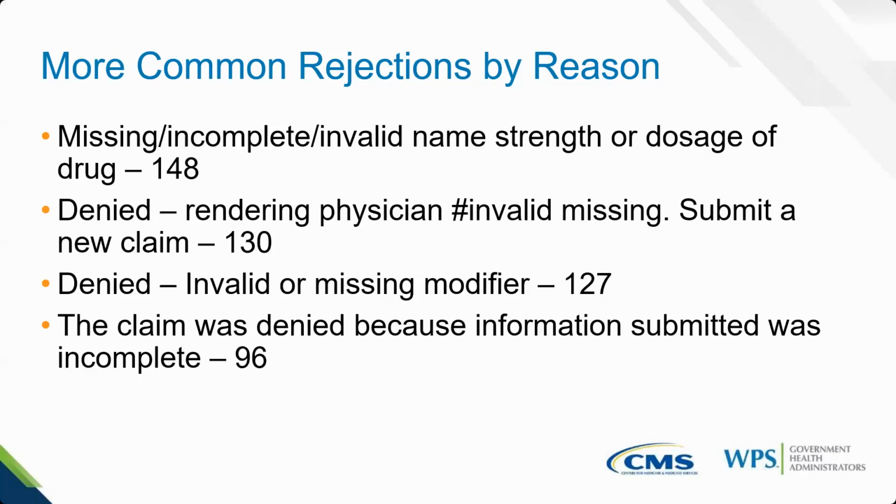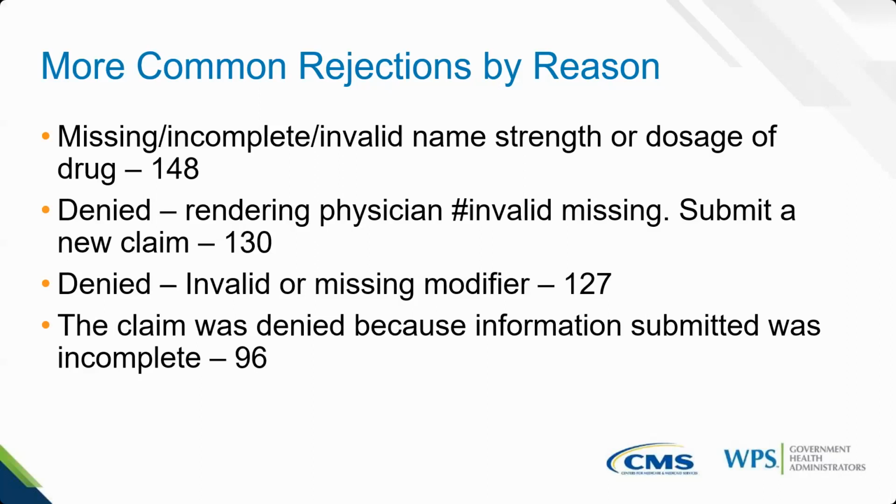Invalid or missing modifier is the next common denial, or excuse me, I need to correct myself, rejection, 127. We have modifier fact sheets on our website that provide for you the reasons for using a particular modifier, or what I should say is appropriate use, and it also identifies inappropriate use.